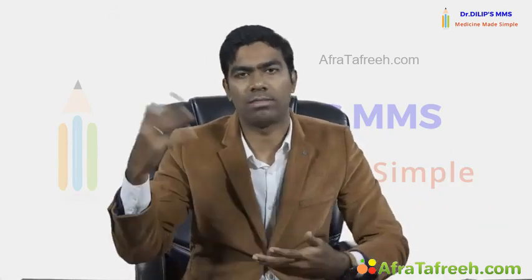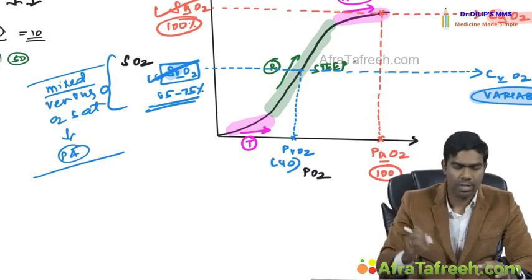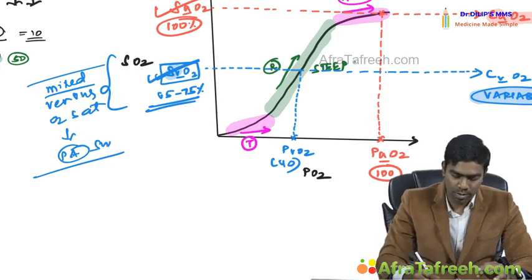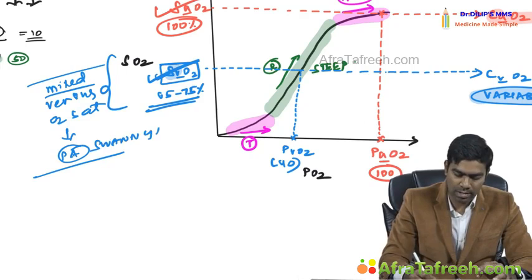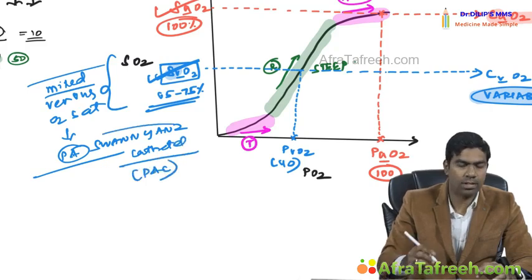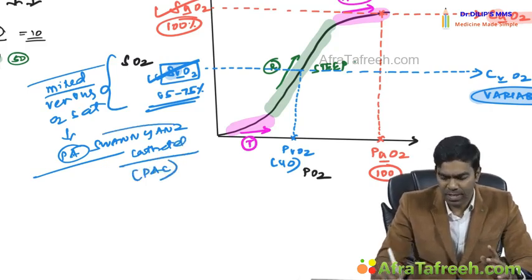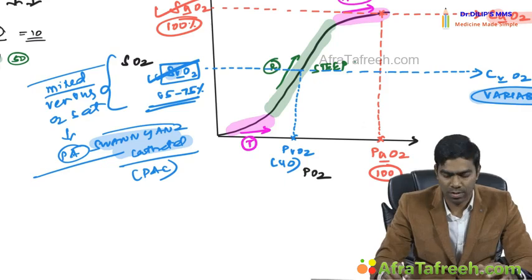If you take the IVC, you might leave out the SVC, which has different saturation because the brain extracts differently. So the best site for assessing mixed venous oxygen saturation is the pulmonary artery through something called a Swan-Ganz catheter, otherwise referred to as a pulmonary artery catheter. Clear? So this is the best way to find out mixed venous oxygen saturation.